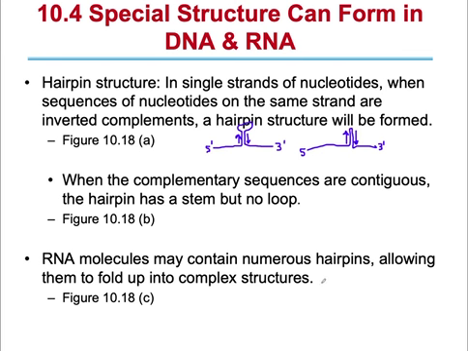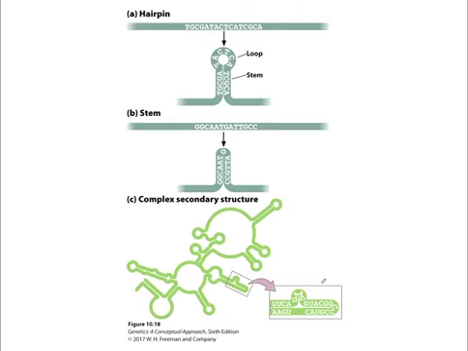RNA molecules can contain numerous hairpins, and that allows them to fold up into complex structures, and that can sometimes be used as a way to allow certain enzymatic reactions to take place, okay? So both DNA and RNA can form these special structures.